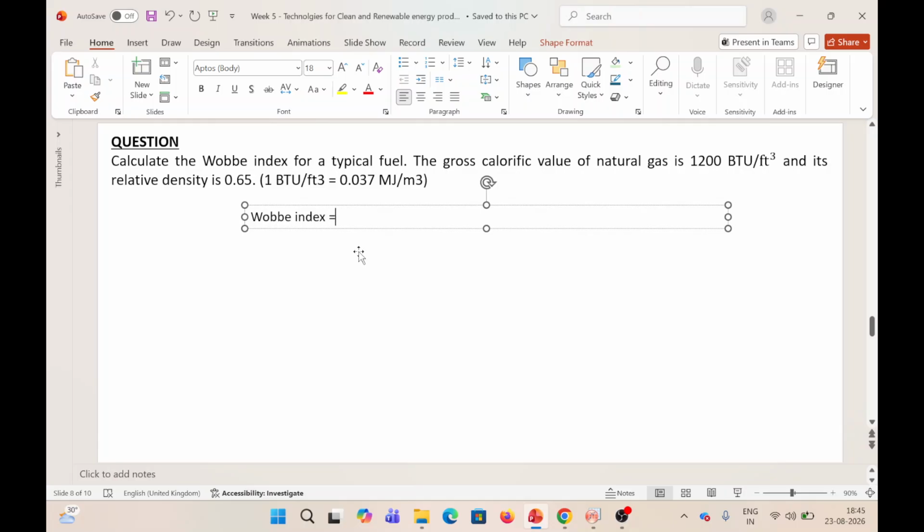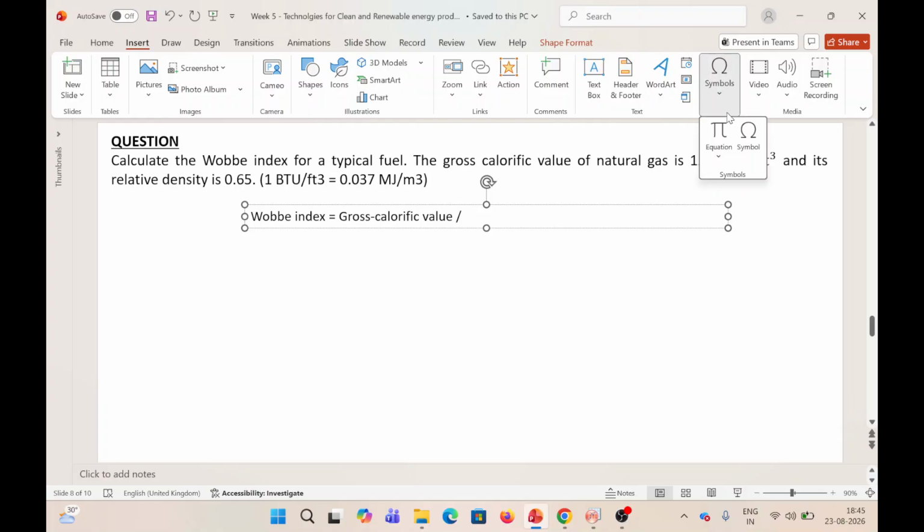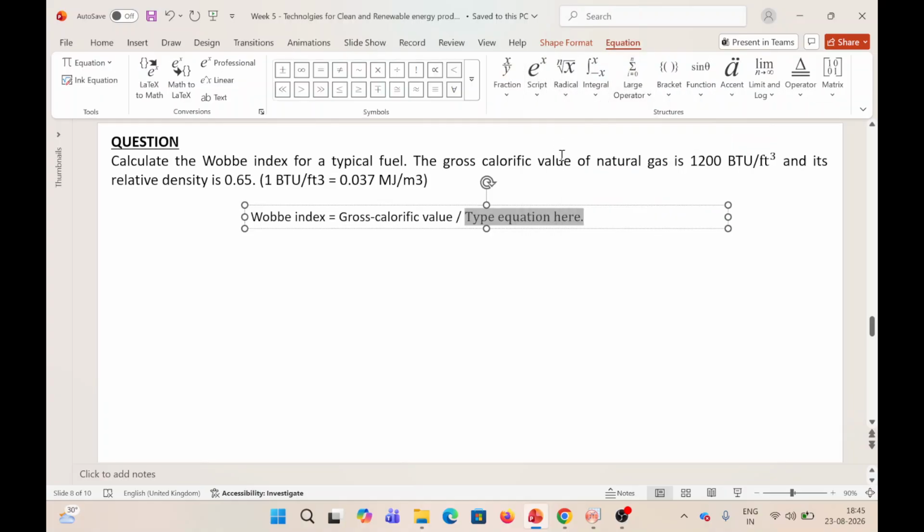Index is equal to gross calorific value upon relative density whole power 0.5.